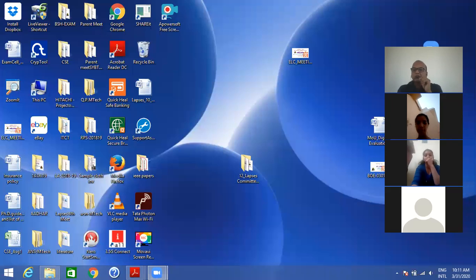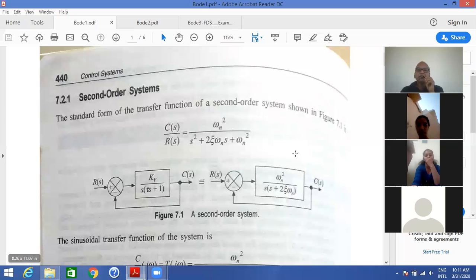Then in this chapter, we'll consider the standard form of the system, that is omega n square divided by s square plus twice zeta omega n s plus omega n square.